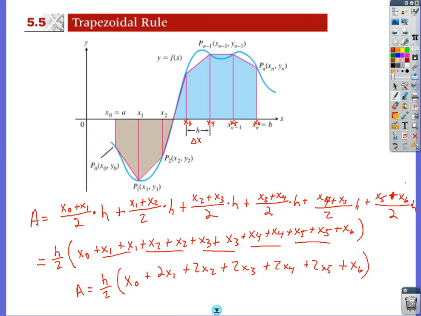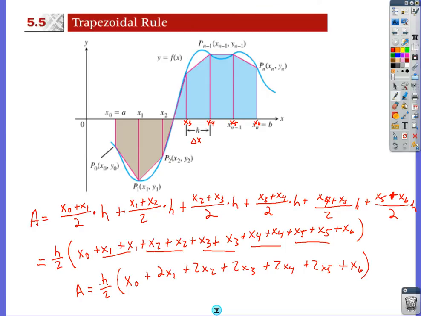And I'm going to tell you that on a lot of the finals or tests, questions will give you problems that won't be uniform, because you can only use this if h, your delta x, is the same for every single one. If your h is different, you can't do this anymore, and you've got to do everything like this top row up here.